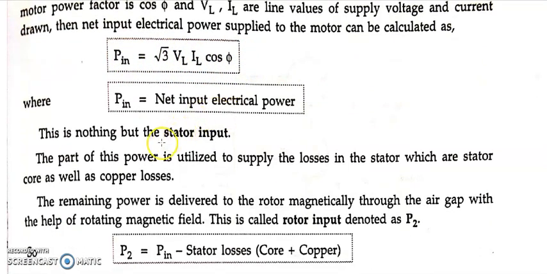Whatever electrical power we give as input to the stator is utilized to supply the losses in the stator. What are the losses in the stator? Iron losses as well as copper losses.